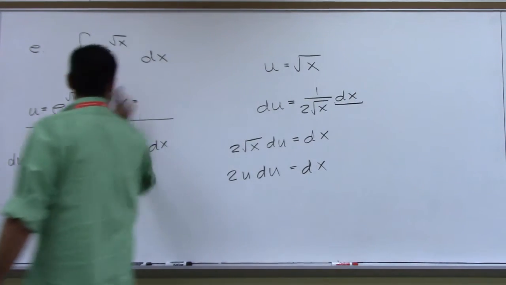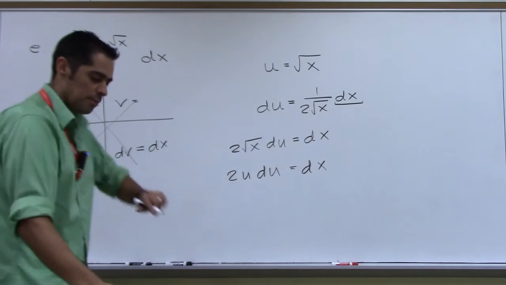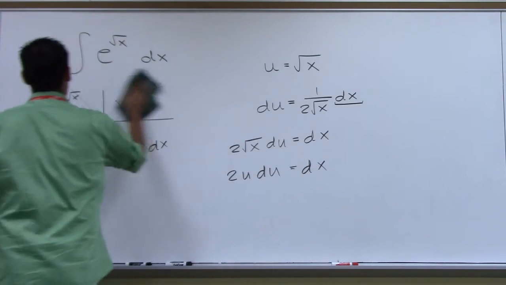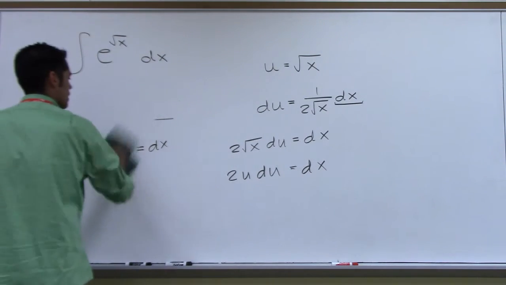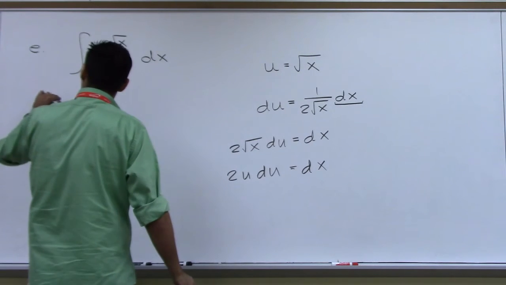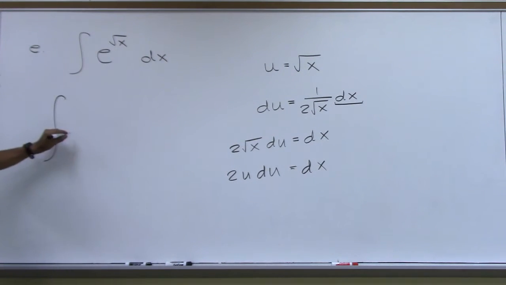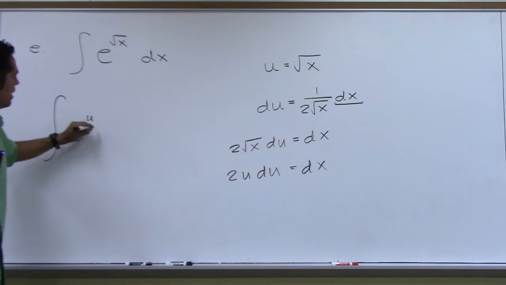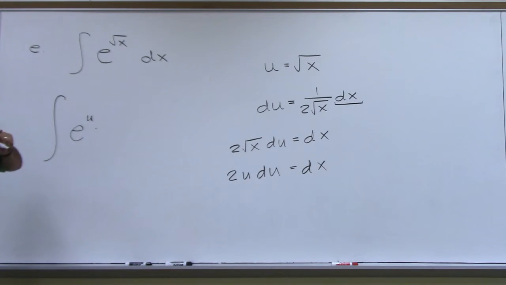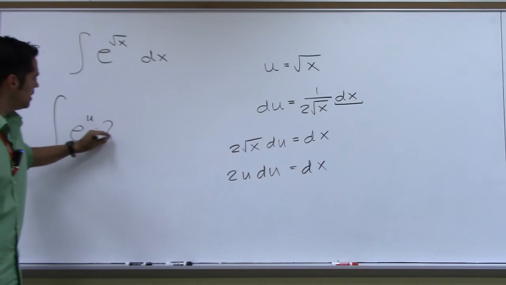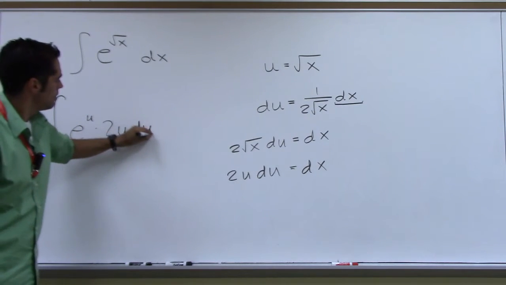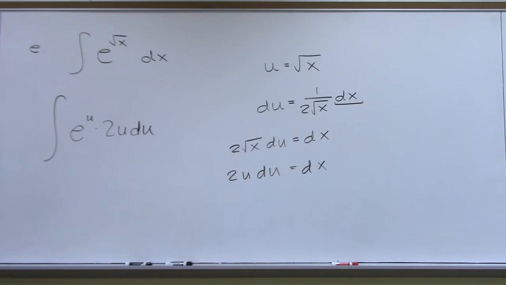So let me try and rewrite the problem then, because I'm almost out of time. This becomes the integral. What did we say e to this was? e to the u. And what are we saying that dx is? 2u du? Yeah? That's what it is.